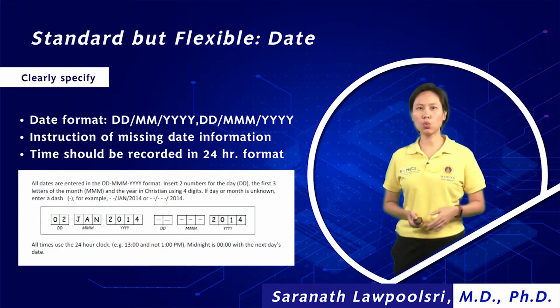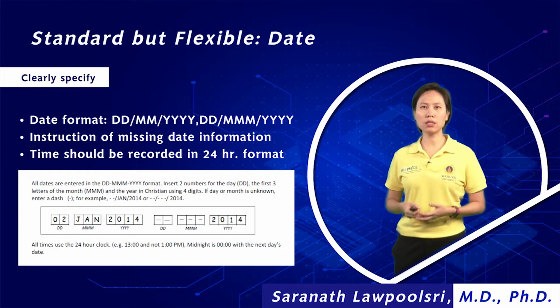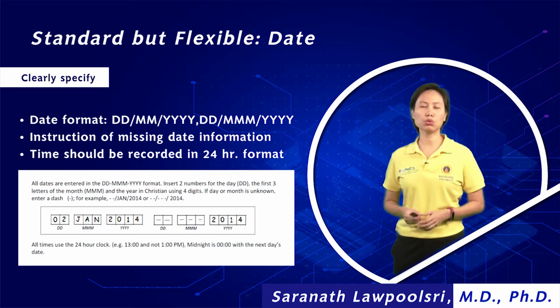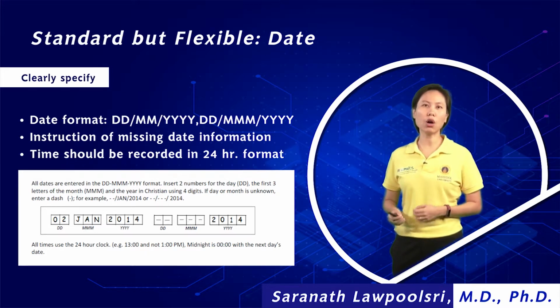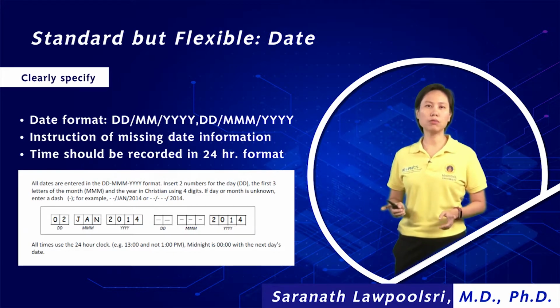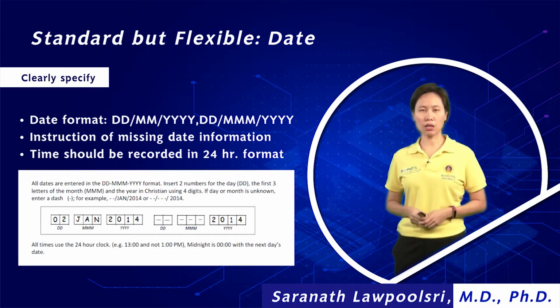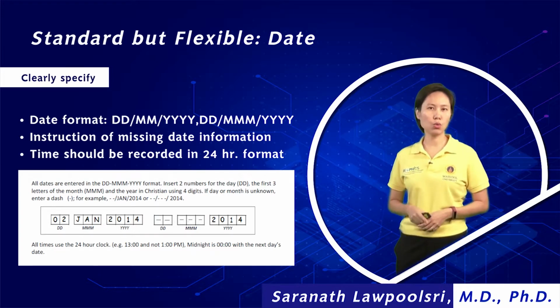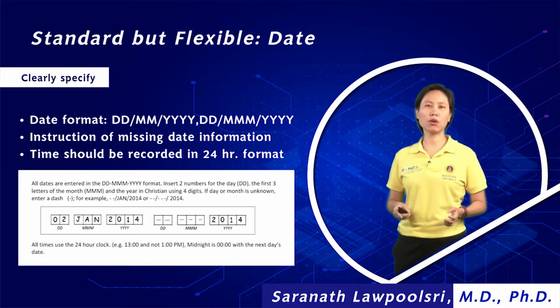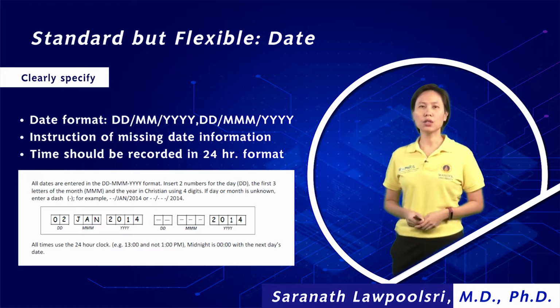For example, this one. And right now, in many CRF designs, we try to avoid confusion on date format. So usually the month will be written in letters. For example, January, we will write as JAN instead of 01, because 01 could sometimes be misunderstood as the date.